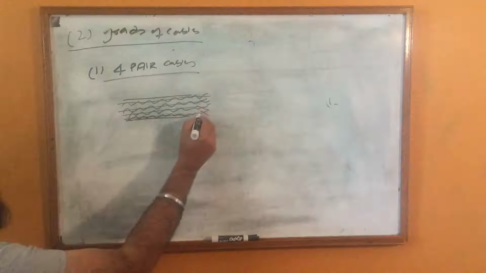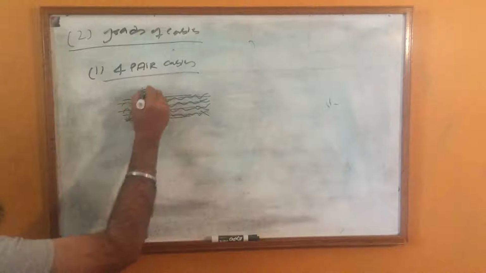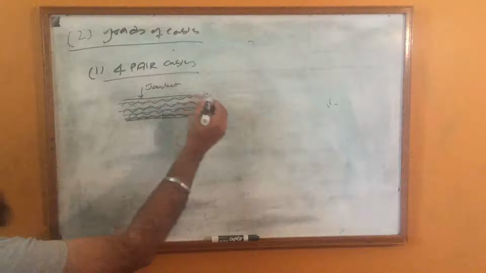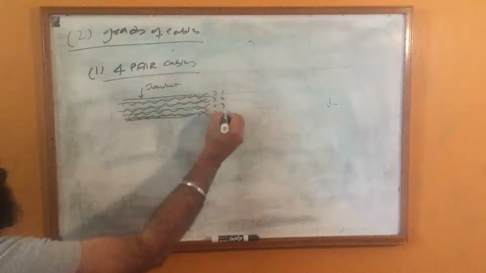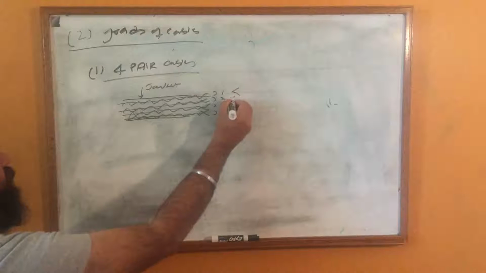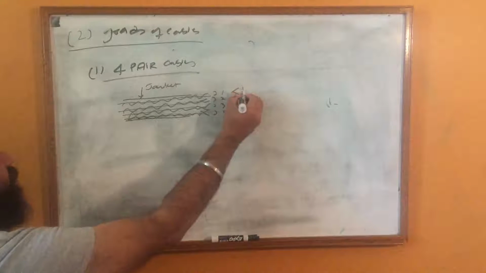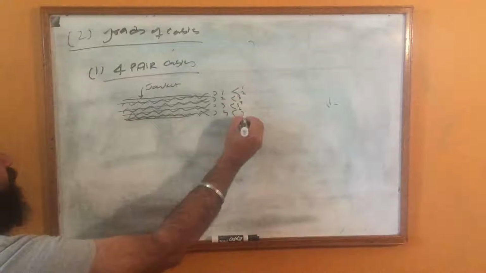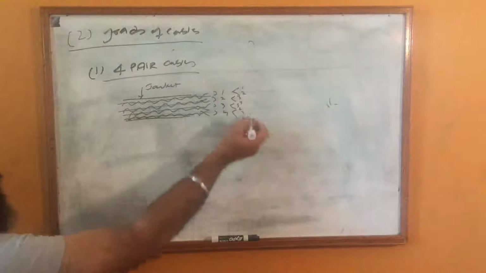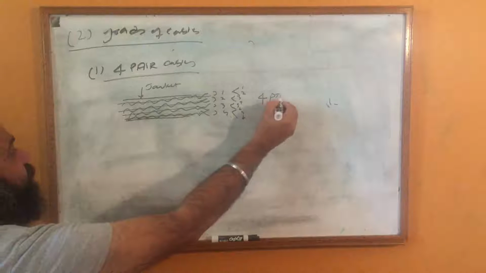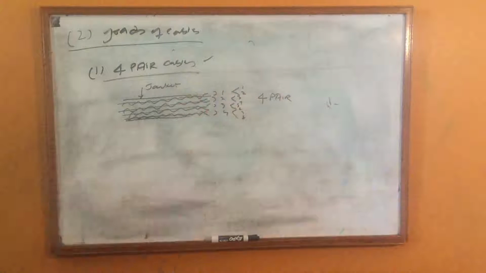So here you saw that we have a jacket here, and this is called 1 pair, 2 pair, 3 pair, 4 pair. But if you look closely, it's 1, 2, 3, 4, 5, 6, 7, 8. So there are total 8 cables, which are called 4 pairs, and that is the reason it is called a 4-pair cable.